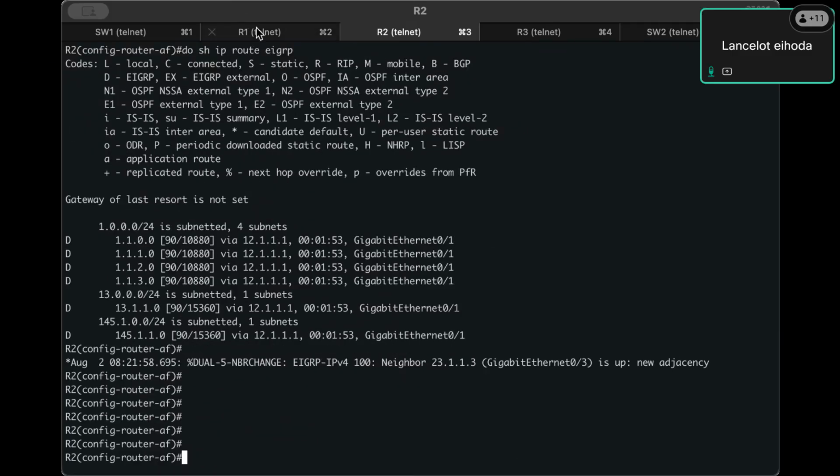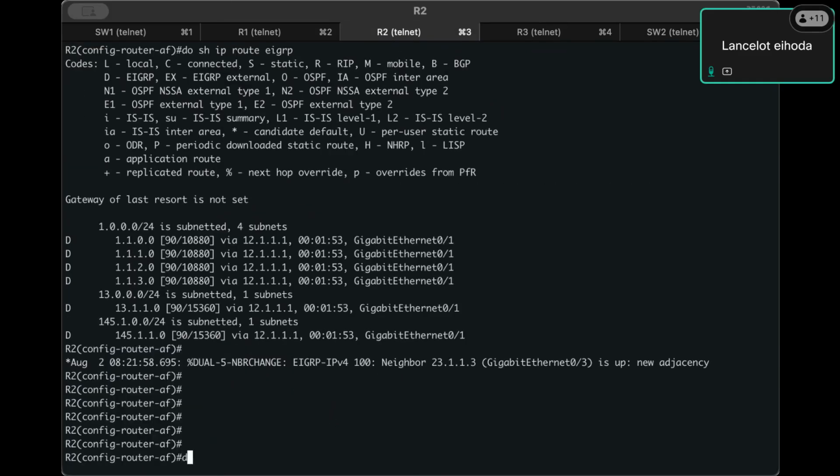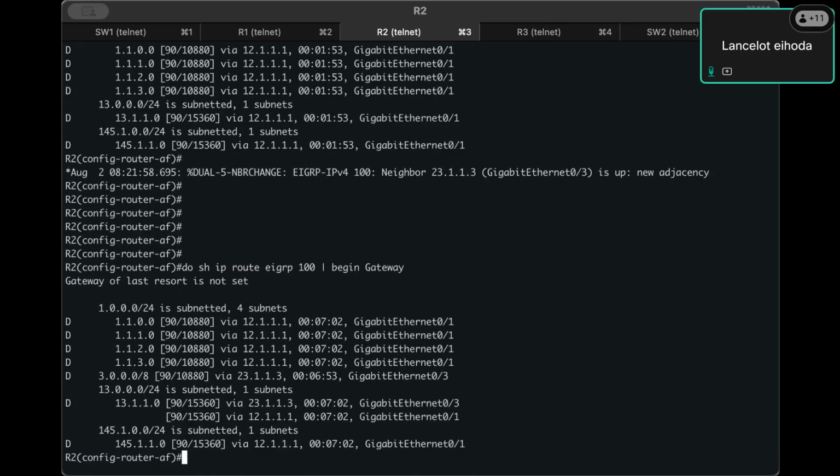So let's go back to router 2 and then do a show IP route EIGRP, and then again with the gateway. You can notice that the gateway for all the loopbacks on router 1 is going through gig0/1.